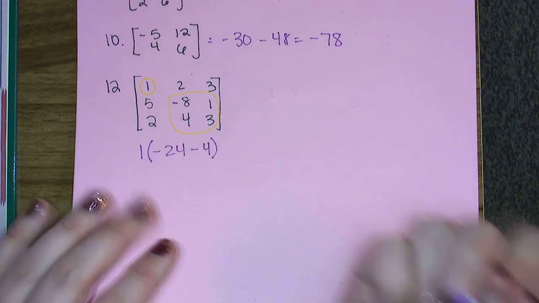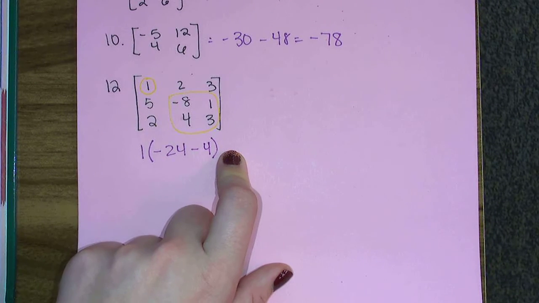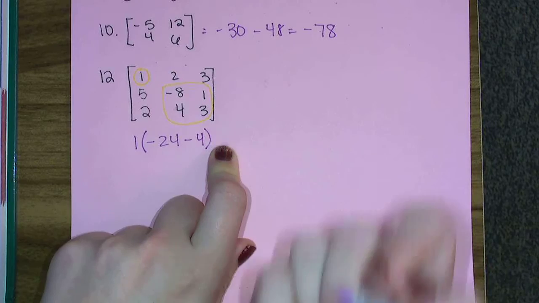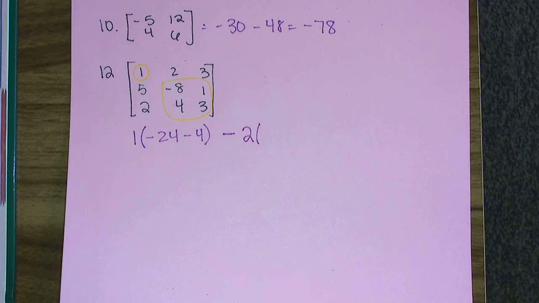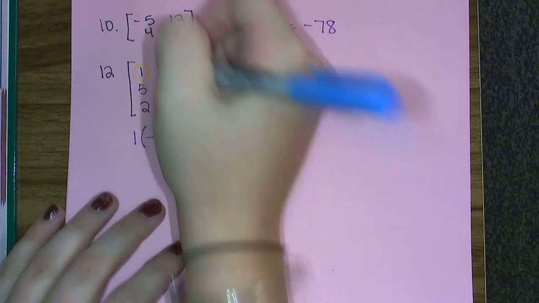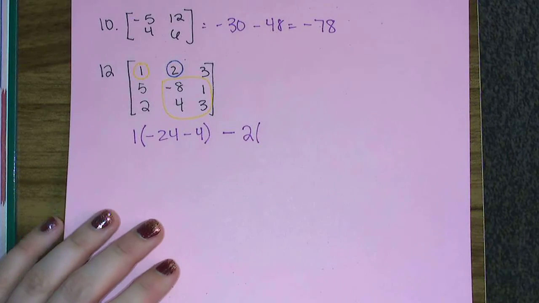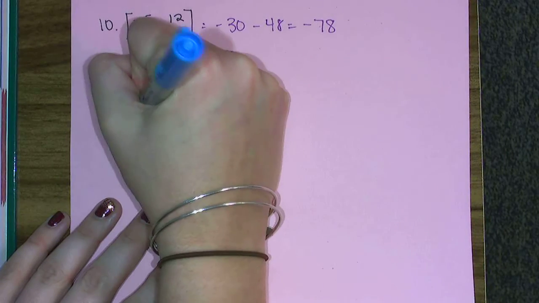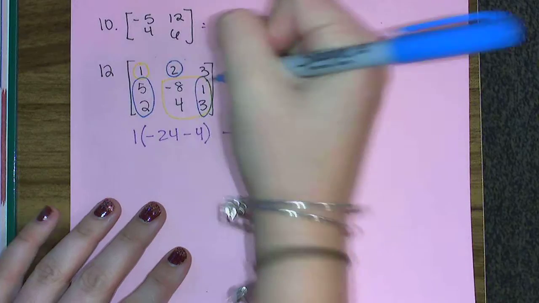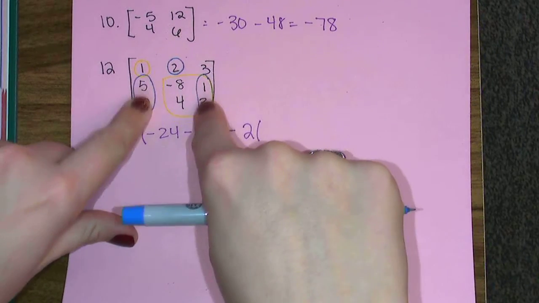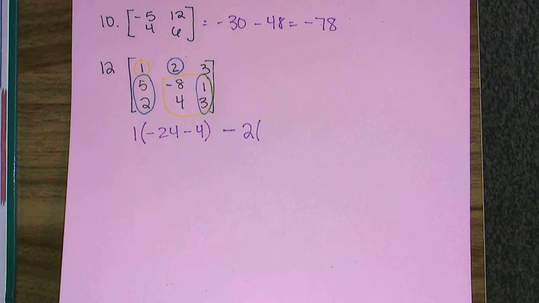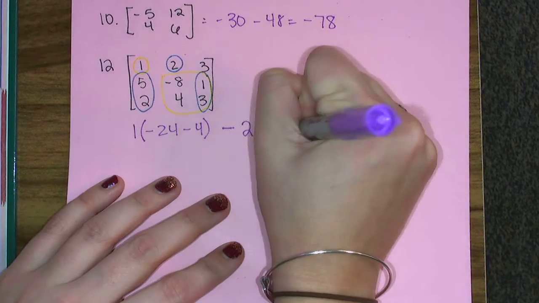Now, what happens to the sign of the second one? It's minus. Yep, it goes back and forth. So this one is going to be minus 2 times. Now I'm going to box this one in blue. And then these outer 2 columns, so it's a determinant of these ones, 15 minus 2.